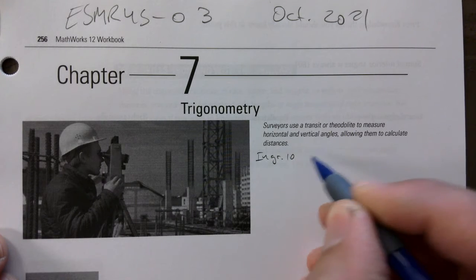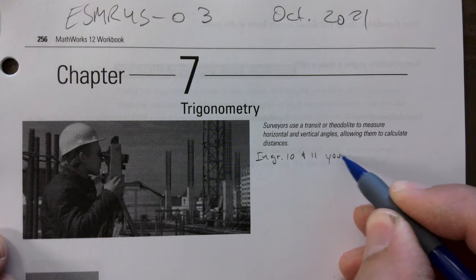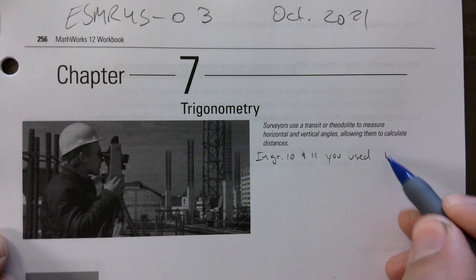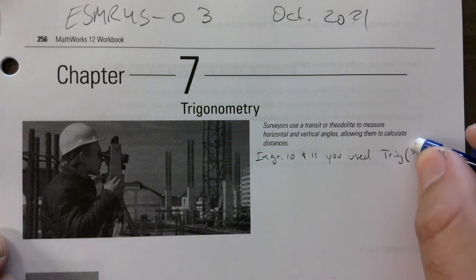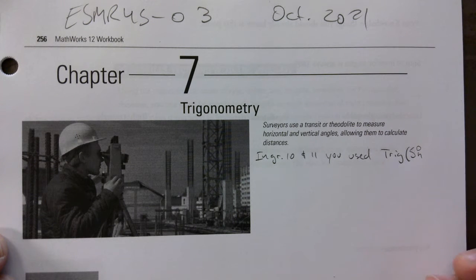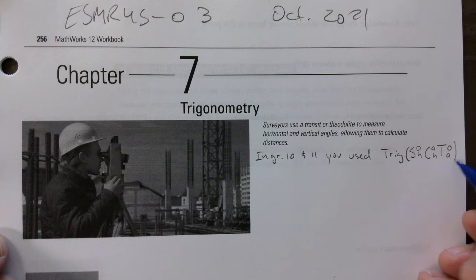In grade 10, write this down. Grade 10 and 11, you used trig, and the trig you used, most likely your teacher would have mentioned SOHCAHTOA. That probably rings a bell. Sine, cosine, and tangent, right?